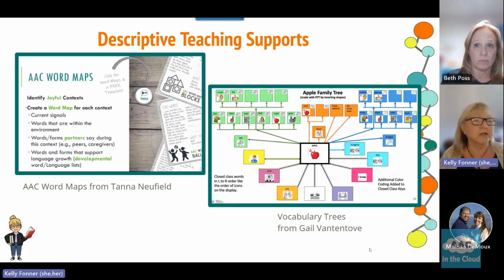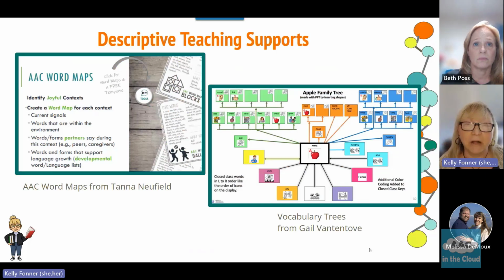For example, one of the students that Beth and I are working with, the word endangered came up in the discussion. And we had to talk about that because she didn't have endangered in her robust vocabulary system. But we wanted to use the words that she had. And so we used things like small and little and other kinds of describing words to talk about that.